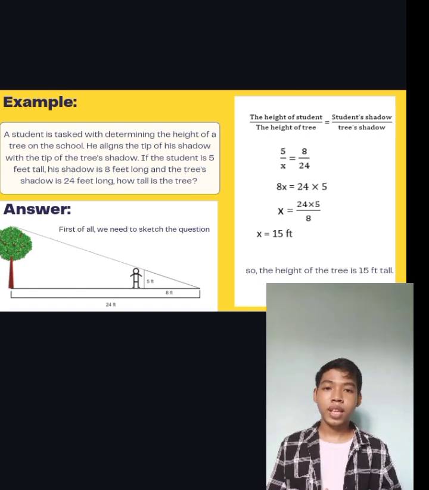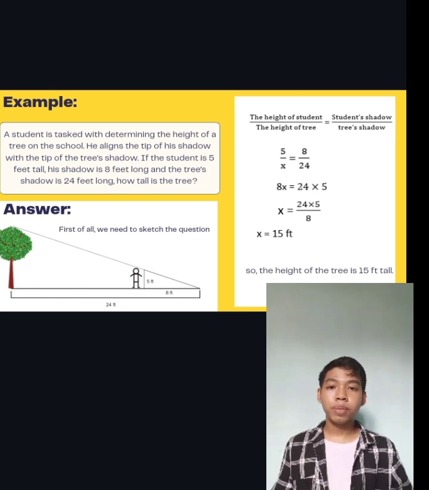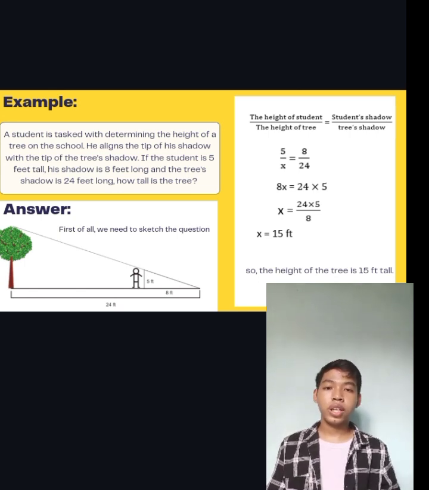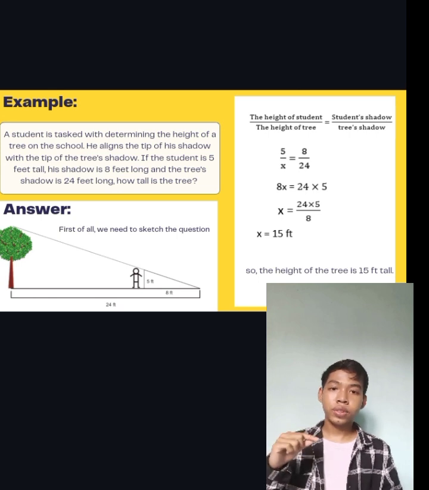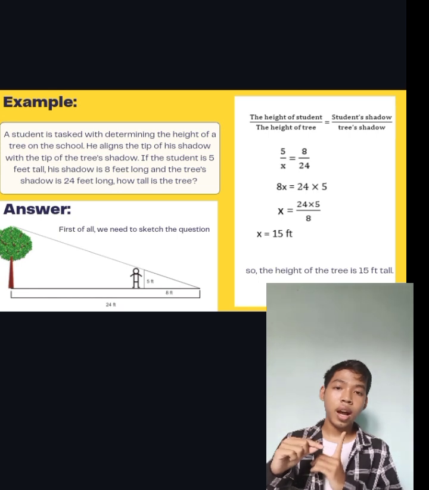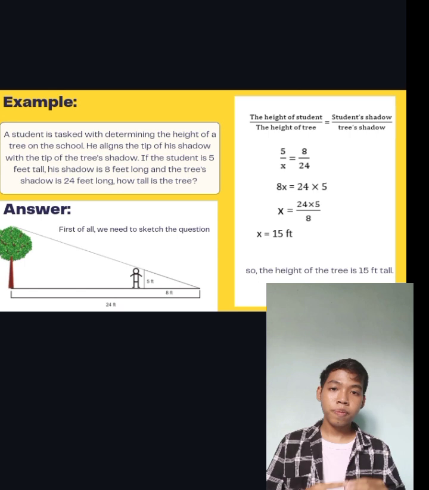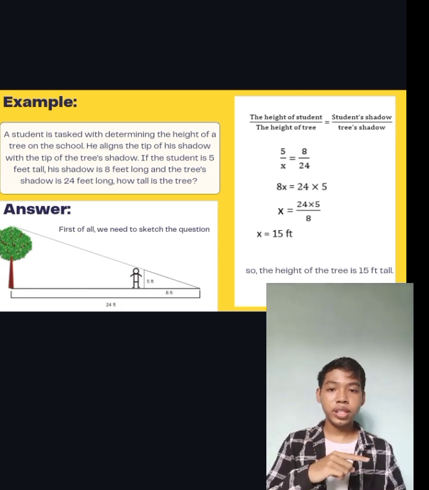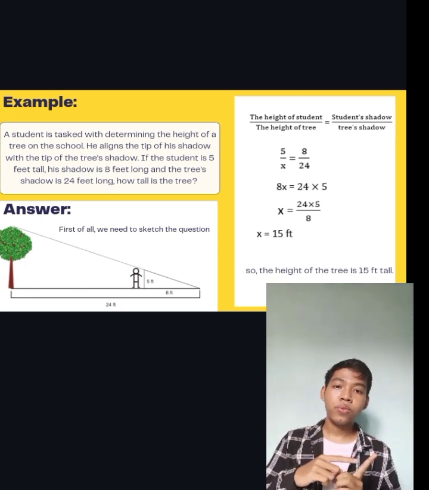So the next step is we make the proportion equal. It will be like the height of the student over the height of the tree equals the shadow of the student over the shadow of the tree.